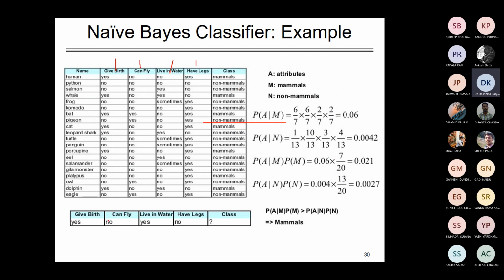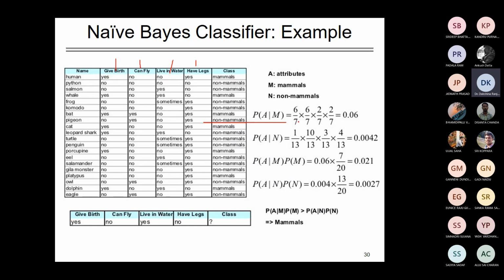This is the query. For the first attribute, the value is found to be yes. Now we will see how many yes are found for this attribute while considering the mammal class. In this way we can get 6 by 7. That means there are 7 mammals, and the rest of the elements are non-mammals.